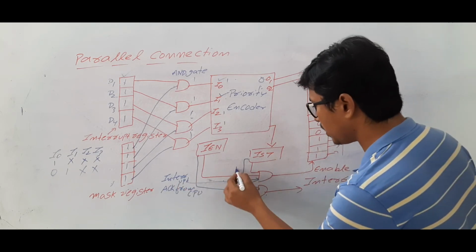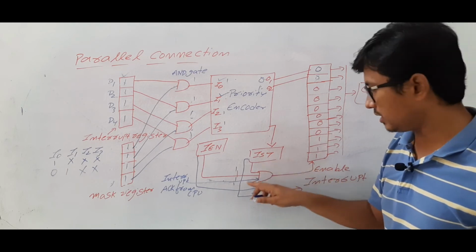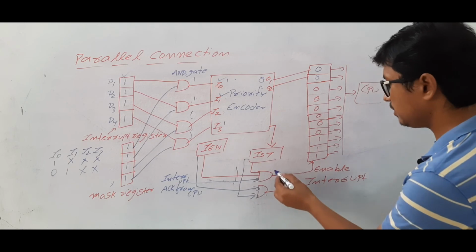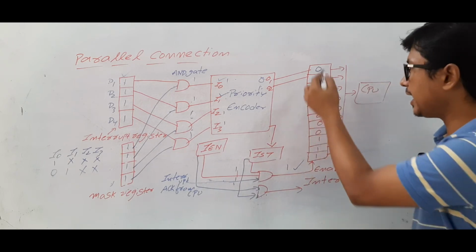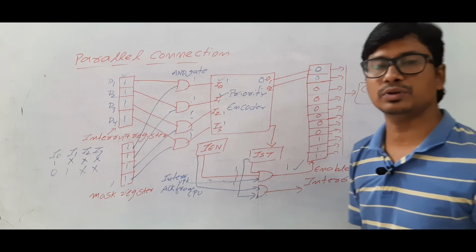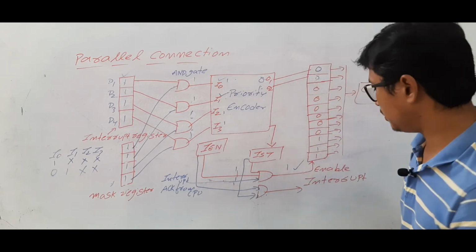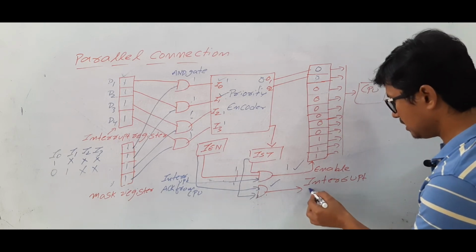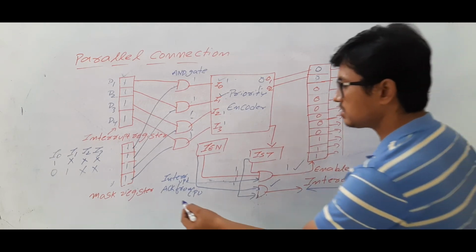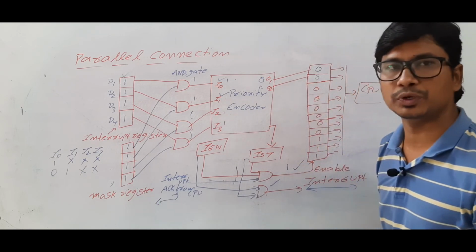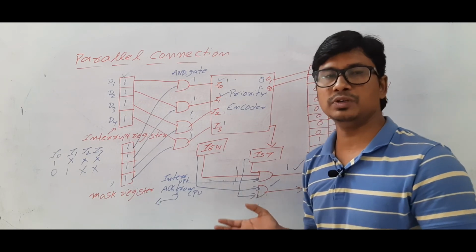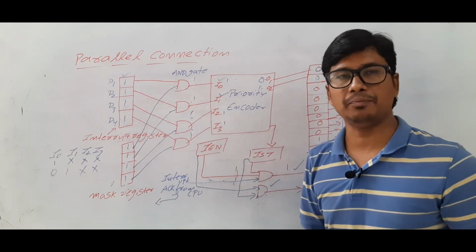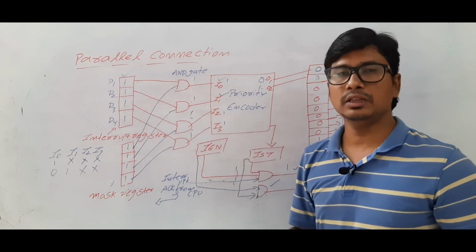IST is 1, the interrupt acknowledgement from the CPU is 1, and IE is 1, then it will give 1 and it will be enabled, so that you will come to know the starting address of your interrupt service routine. And this is for requesting the interrupt to the CPU. See, this is the interrupt request, and this is the interrupt acknowledgement from the CPU. Are you able to understand? If the CPU is ready for the interrupt acknowledgement, ready for executing the interrupt, then only all these things will happen. I hope you have understood the parallel connection.